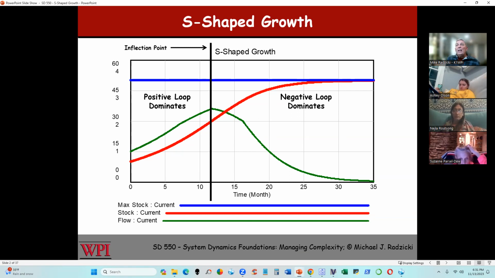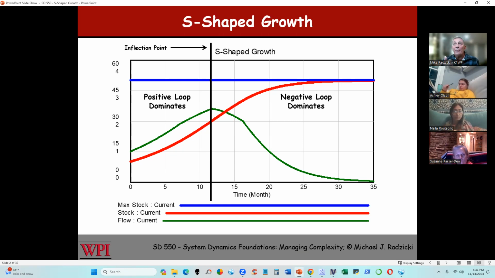And when we talked about the S-shaped family, we said, well, it's kind of a combination. It's not really its own family. It's kind of a combination of the goal-seeking family and the exponential growth family, or the exponential family. Okay, so when you see S-shaped growth, like with the red curve, right?